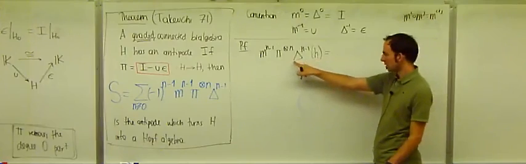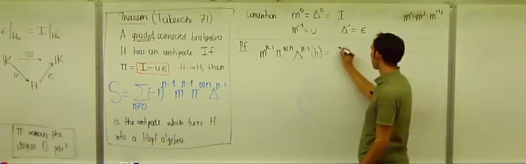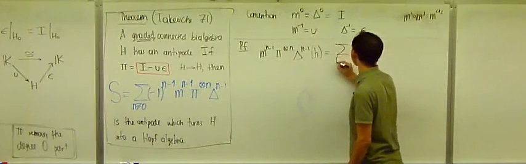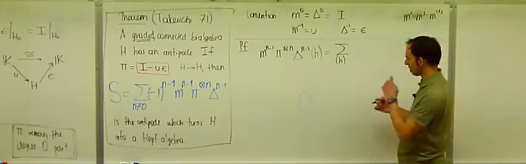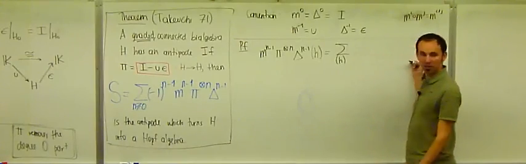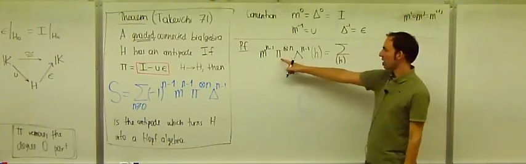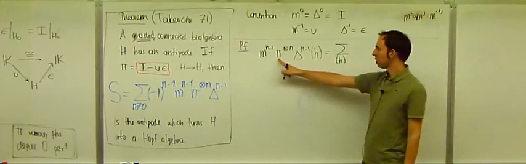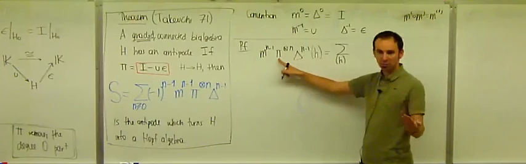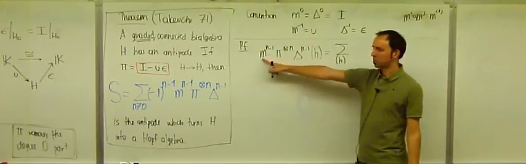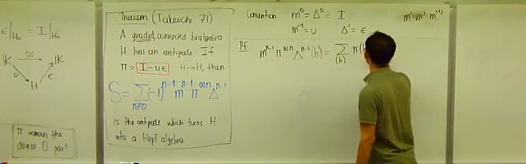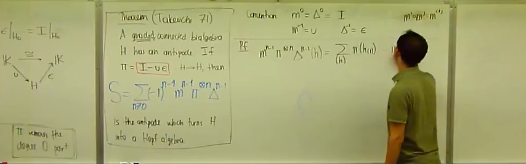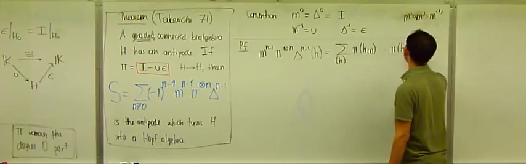So we're taking the (n-1)th coproduct, and so this gives me h1, h2 up to hn. I apply pi to each one of them, so I get pi of h1, tensor pi of h2, etc., and then I multiply those numbers. So it's just pi of h1 up to pi of hn multiplied.